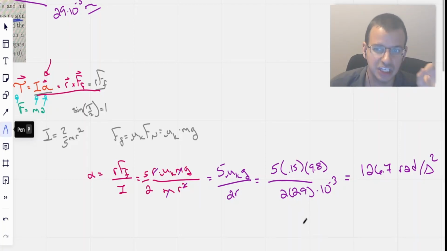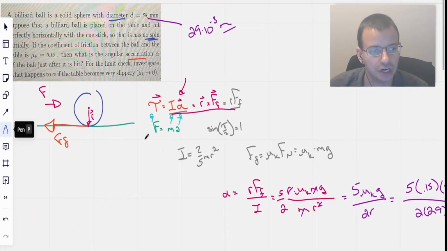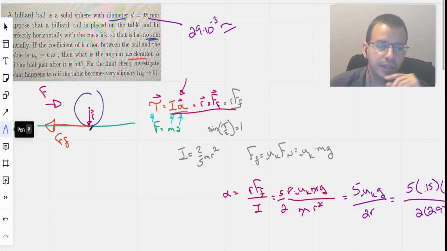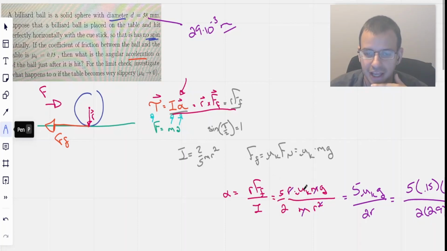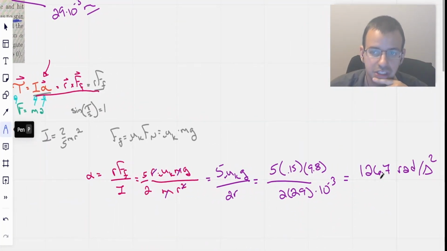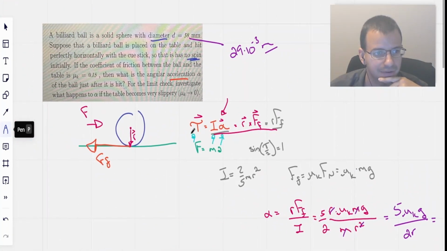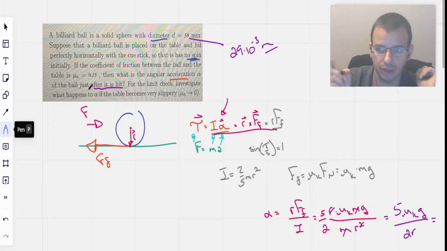Now, that's its initial angular acceleration. Once it starts rolling, it's going to be reduced. So even though you get a crazy high number here, it doesn't maintain that acceleration. That's why they ask for the acceleration just after the ball is hit.